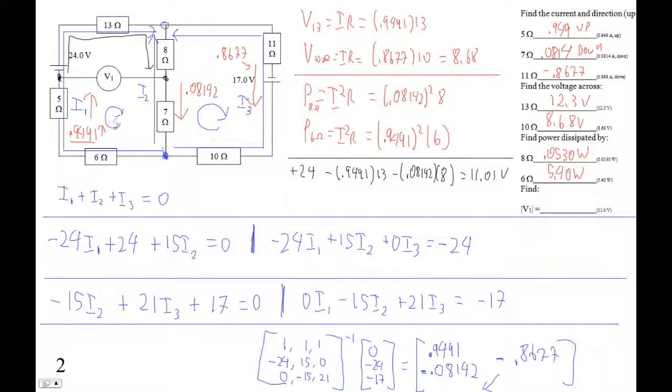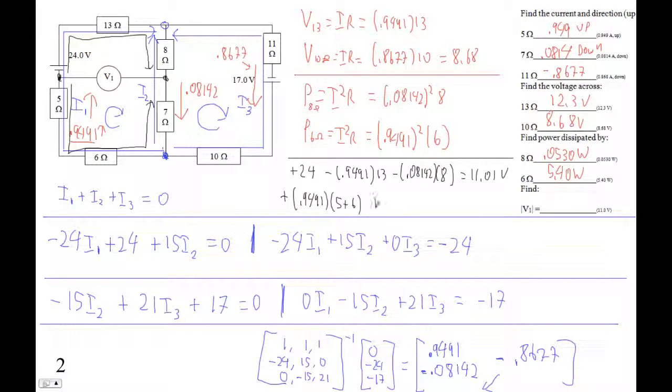All right, now I should be able to go this way too. I guess it's the same number of circuit elements, so it really doesn't matter. But let's just do that. So I1, and we're going upstream, so plus 0.9491, and then it's a 5 plus 6. That's upstream, and then upstream again through this guy, because it really is going down.